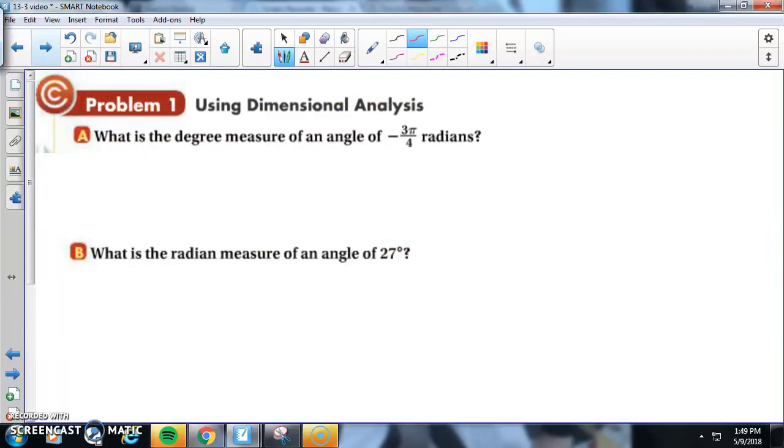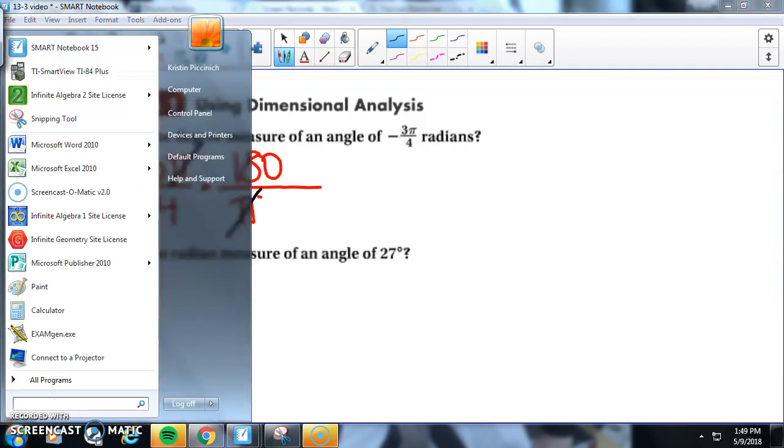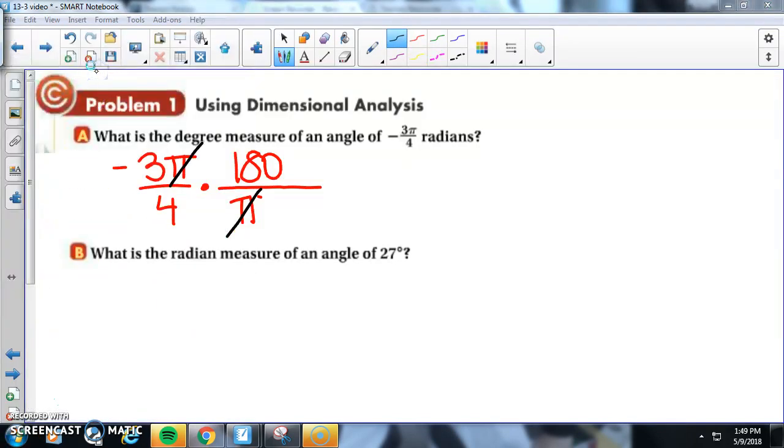What is the degree measure of an angle of negative 3 pi over 4 radians? So we're going to take negative 3 pi over 4, and I'm going to multiply by 180 over pi. My pi's cancel, and in my calculator, I am going to do negative 3 times 180 divided by 4.